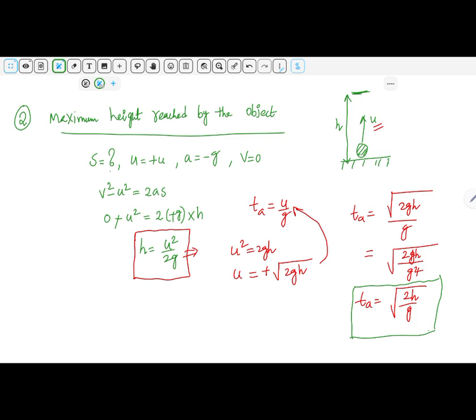If you know the maximum height, and acceleration due to gravity is already known to us, then you can find time of ascent easily by using this formula. Or else, if you know the initial velocity with which the body is thrown vertically upwards, you can use the earlier formula. And this is the expression for finding the maximum height reached by the object. Okay, in the next video we'll find the third parameter related to this particular situation.